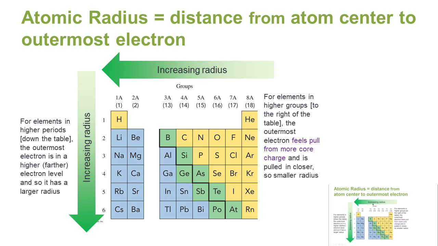Well, in this case, I'm going to use this increasing radius going to the left and say nitrogen is going to be the bigger radius. Or if I asked you about aluminum and gallium, you would say gallium would be the bigger one because I'm using this trend. And if I asked you about gallium and fluorine, you'd say gallium because it's both.